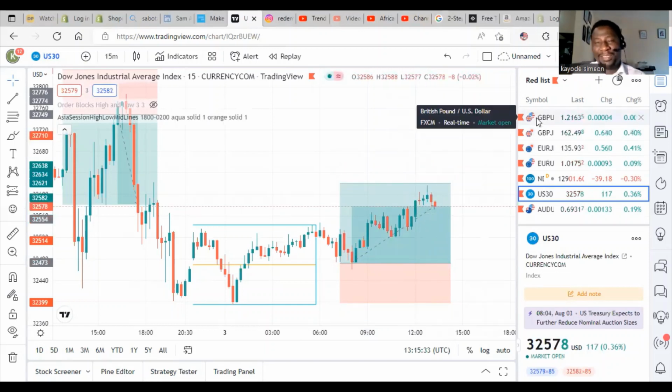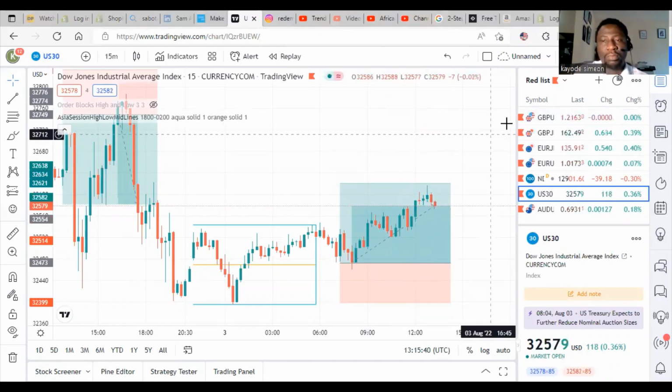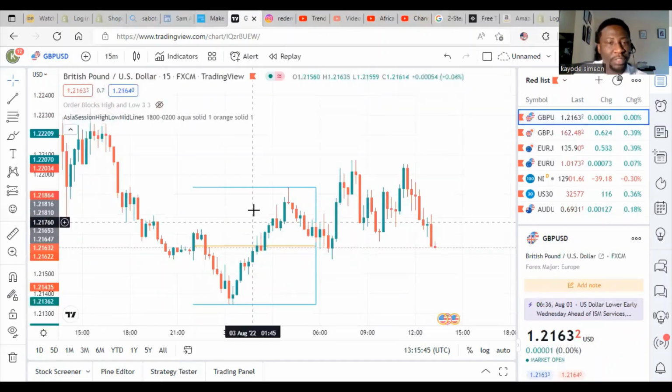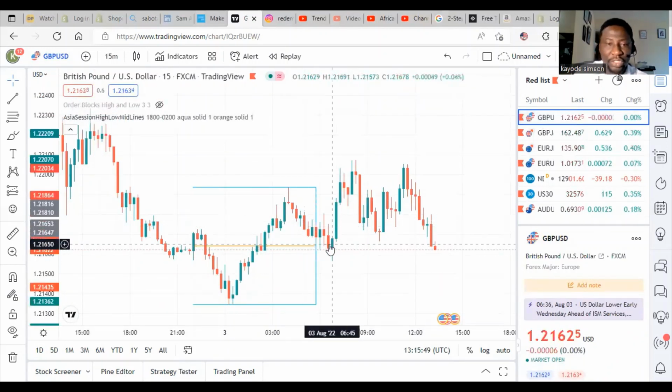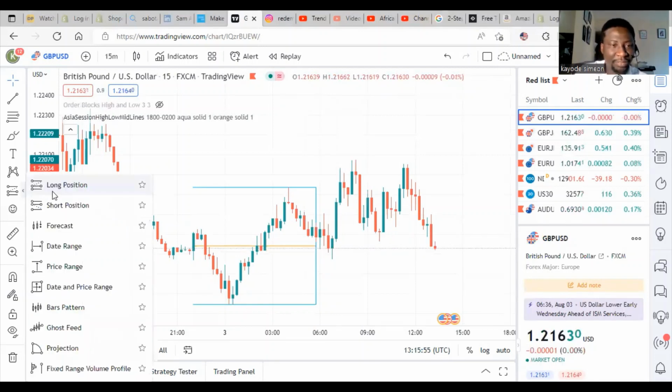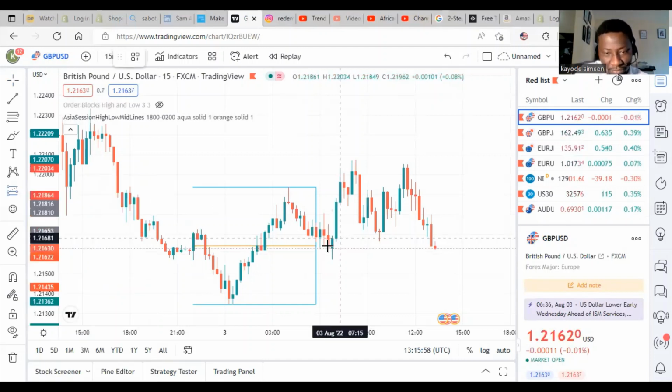Technically, I took them live today. They are currently running. And you can see that. Now GU, I should have taken the trade from here. I missed it. Because I missed it, I entered the Euro USD. I should have taken the trade from here, as a buy.